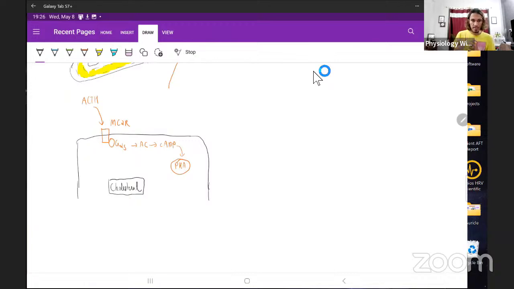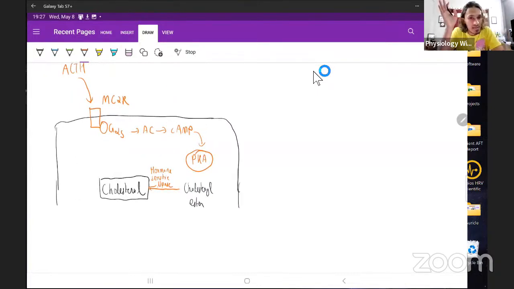Okay. Now, cholesterol, one thing, from cholesterol ester, it needs to be converted by the activity of hormone sensitive lipase. Okay, so hormone sensitive lipase should act to convert cholesterol ester to cholesterol. This is done by this protein kinase A phosphorylation.